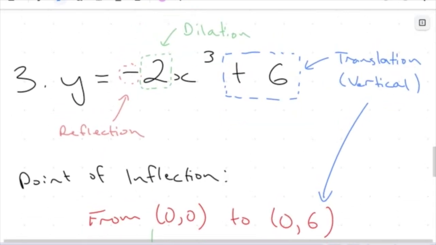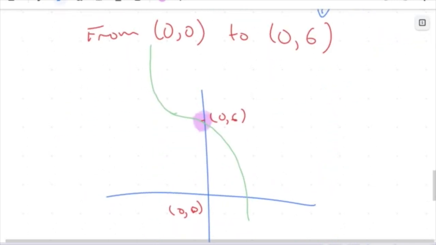So we've identified all the transformations, we've started to draw this. Now we just want to find some of these key points. Now we found the point of inflection over here, of 0, 6. We just want to find the y-intercept and the x-intercepts. Now, we've already found the y-intercept, but let's just double check that this works. I'm going to substitute in x equals 0 for the y-intercept.